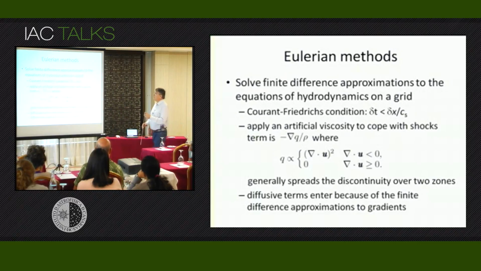The other problem that you have when you come to deal with these kinds of fluid flows, if you have supersonic motion and you have shocks, then something happens in the fluid at the point at which it shocks, which is not resolved by the code. In fact, you can't.